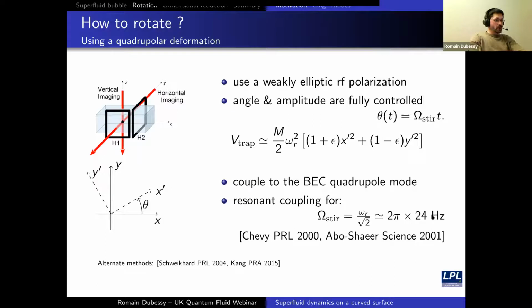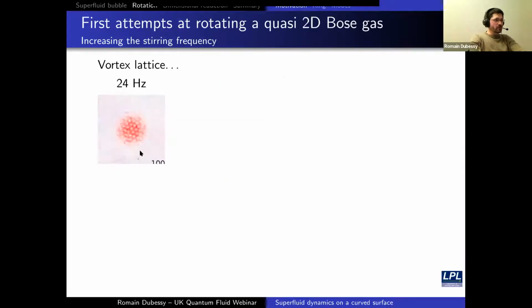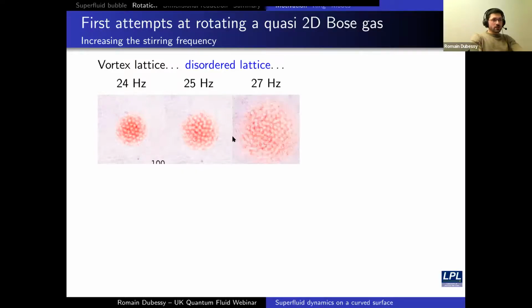So when we do that and we measure the density after a time of flight, we see that we manage to create a vortex lattice. And if we progressively increase the rotation frequency, we see that the gas expands, gets larger, and the vortex lattice contains more and more vortices until we have difficulty seeing the vortex lattice.